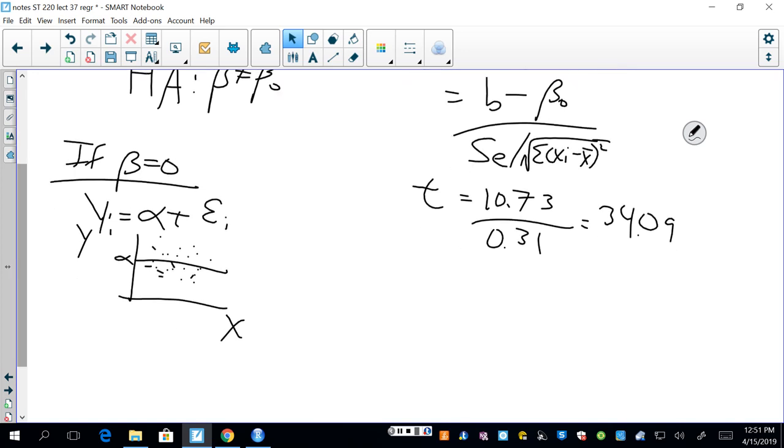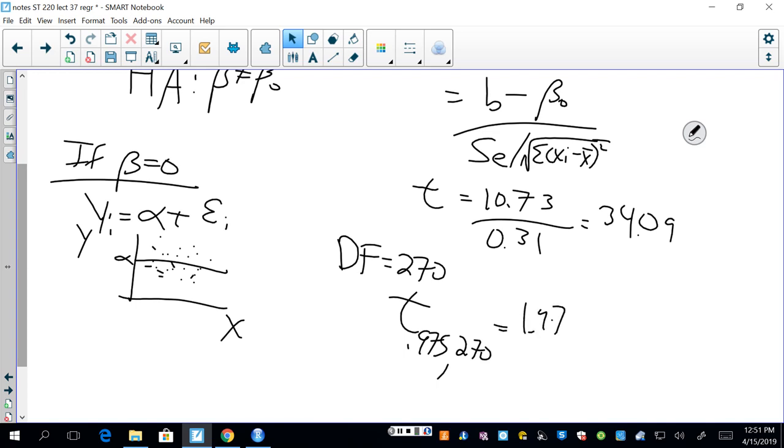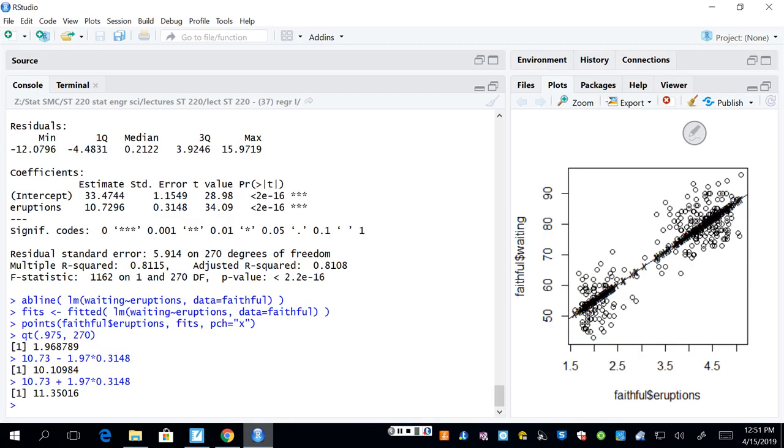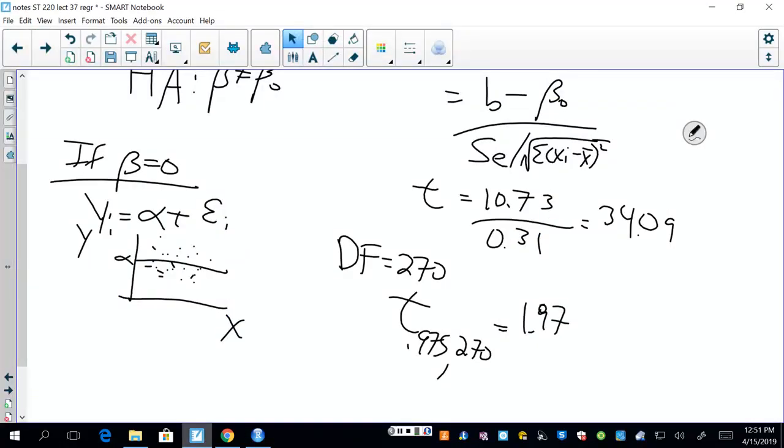We compare that to a t distribution with 270 degrees of freedom, the 97.5th percentile of that t distribution was about 1.97, and our t statistic is enormous compared to that. From the plot, the chance that you would get this strong of a pattern, if there really were no relationship, is basically 0. Just not going to have that ever happen. So we reject.